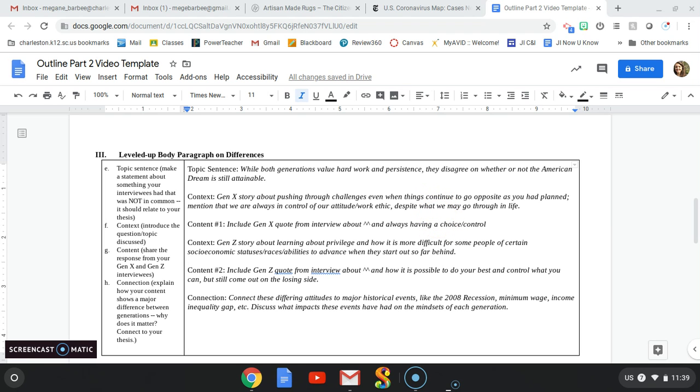So since I included my father's perspective, Gen X, then I need to do the same thing with my Gen Z person and give textual evidence that shows how my brother differs from my father.